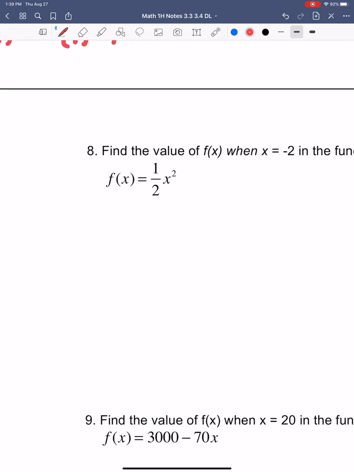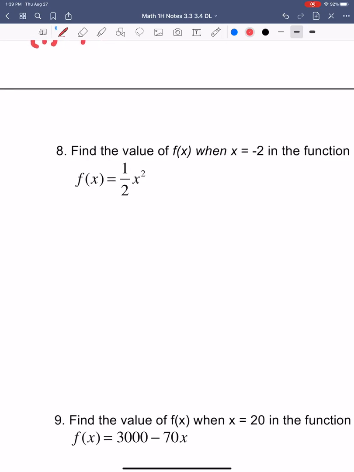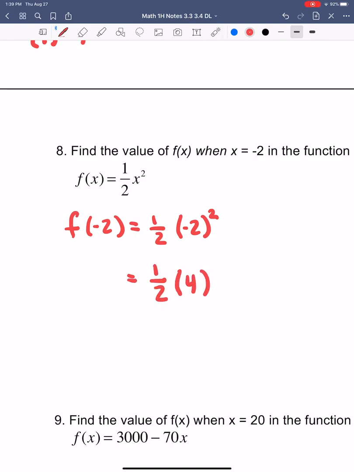Scrolling over, okay, when x equals negative 2 for this one, so f of negative 2, that equals 1/2 times negative 2 squared. I'm going to do the negative 2 squared first, so that gives me 1/2 times 4, and then 1/2 of 4 just gives me 2.